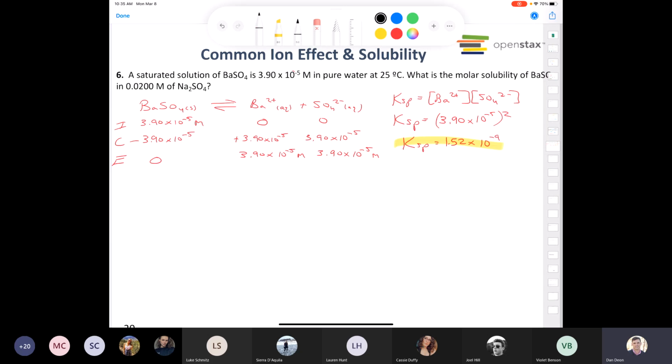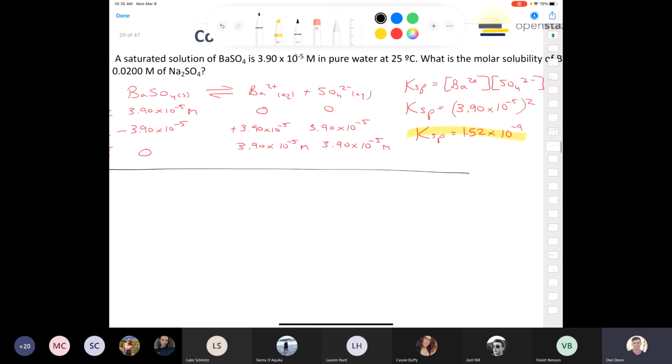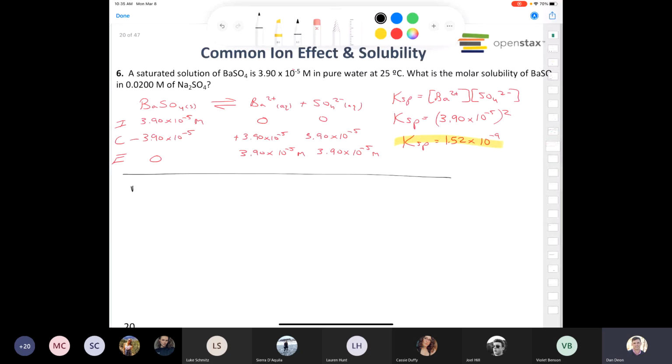Well, what happens when you throw some sodium sulfate in water? If you take some sodium sulfate and put it in water, it breaks apart to give you 2 sodium cations plus a sulfate anion. Now, if the initial concentration of sodium sulfate is 0.0200 molar, and you assume you have none of these, what's the change going to be?